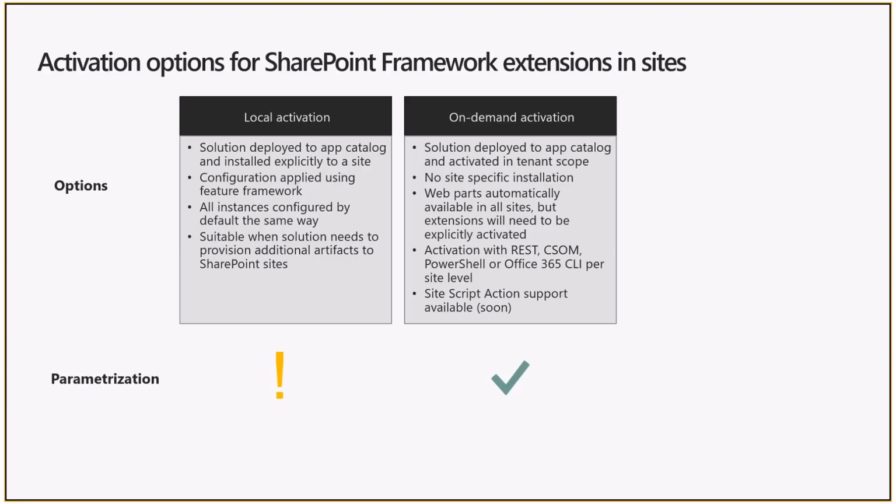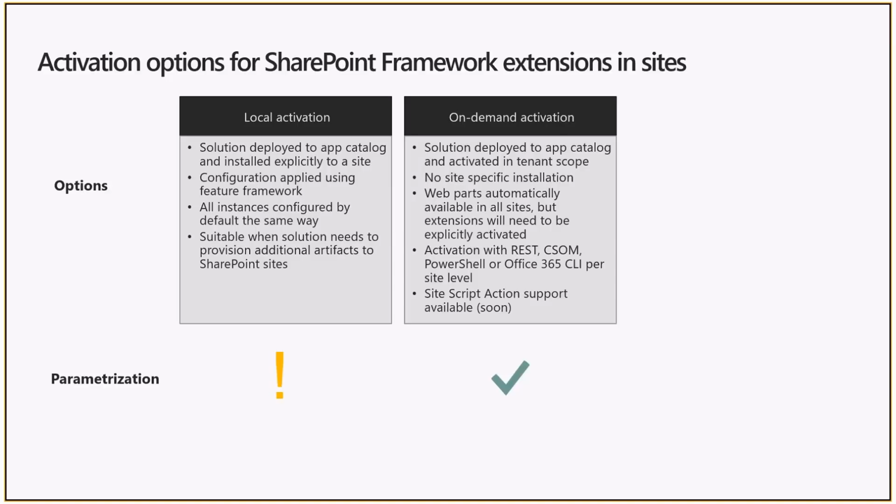That activation then happens using either REST APIs or CSOM APIs, or using PowerShell, like PnP PowerShell or Office 365 CLI, at the site level. So you basically go and add a user custom action entry at the site collection or site level, and that will then tie in which extensions are going to be rendered, either in a list or in the application or at the site level.